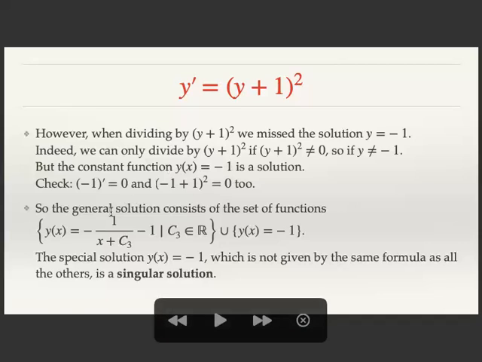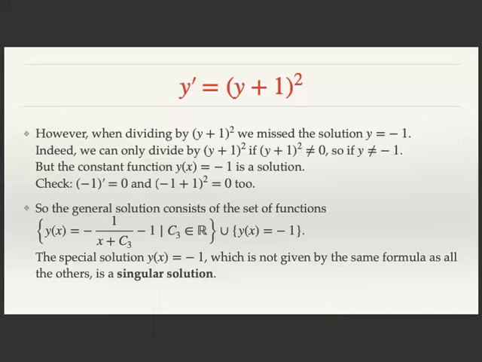So in general, the solution is either -1/(x + c) - 1, or the constant function -1. This is how we solve this equation by separation of variables. Any questions about this example?